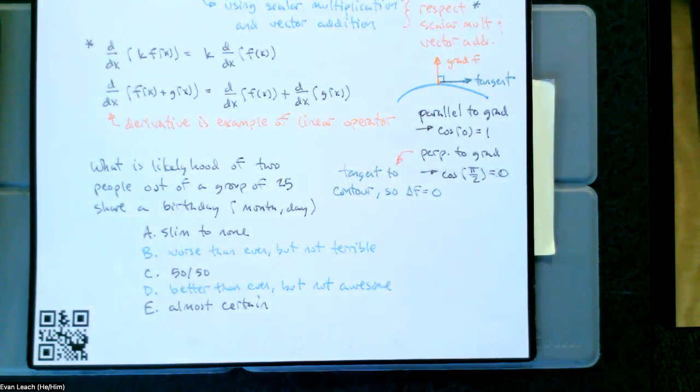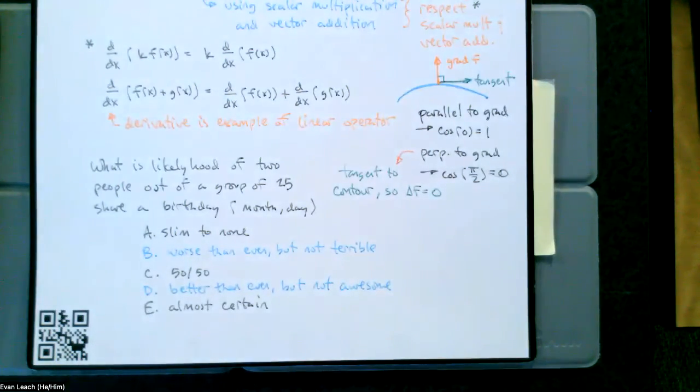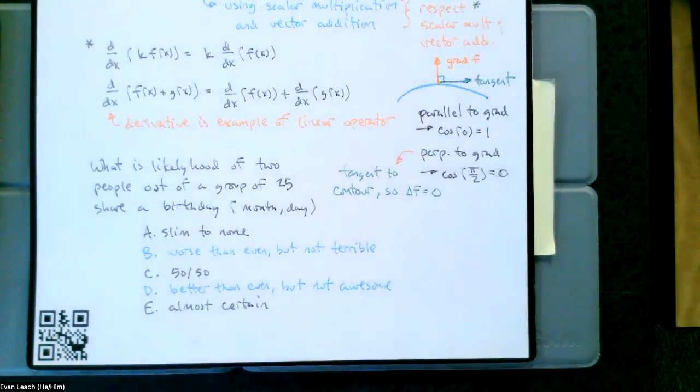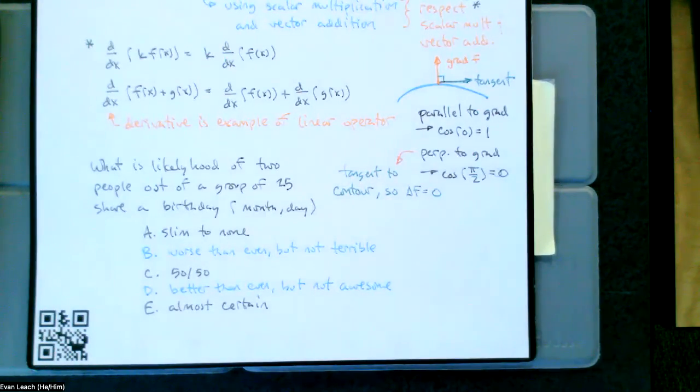Ultimately, if you have a kid that's born on leap day, just move it to 28 first. Who's up for worse than even? Actually, let's go into the middle. Who's for 50-50? Even money. 25 people. It's going to be close to 50-50.